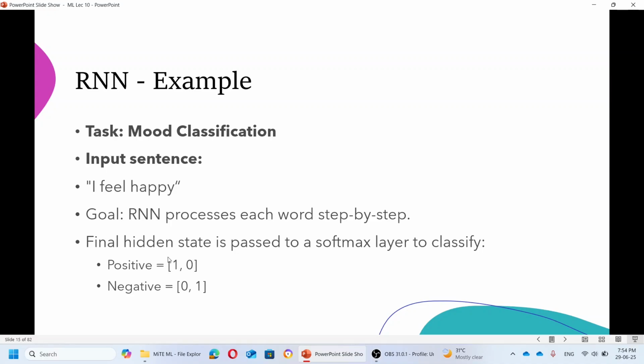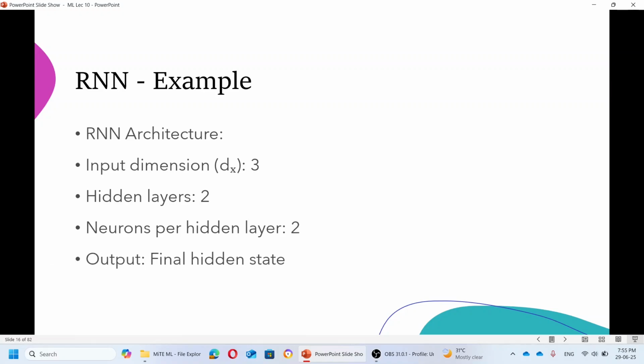So if we get a value greater than 0.5 and close to 1 for the first one, then it means the mood is positive. And if the first value is 0, and the other one is more than 0.5 and close to 1, then it means it is negative. So let's consider an RNN architecture where input dimension is 3, meaning we are getting 3 inputs for each word, 3 embeddings for each word.